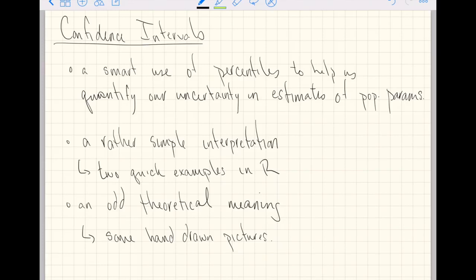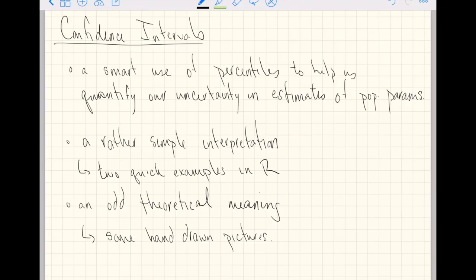That is, we're going to use the bootstrapped sampling distribution to provide for us a range of values with which we are somewhat confident that the true population parameter lives in.